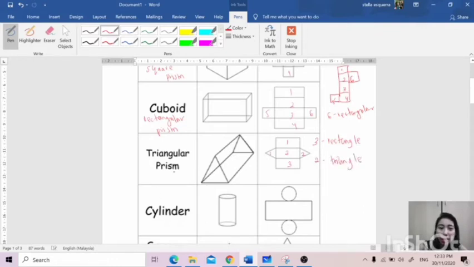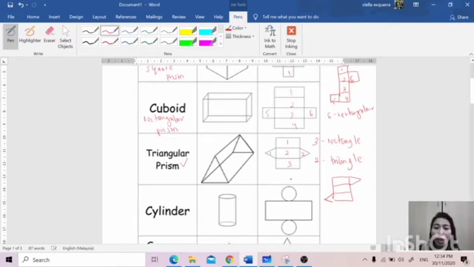So you get a triangular prism with this diagram. Of course, you can also have it like this: still 3 rectangles, but the triangles are placed in this way. Will you get the same result? Yes, of course. As long as you have the characteristic of 3 rectangles and 2 triangles, it will make a triangular prism.